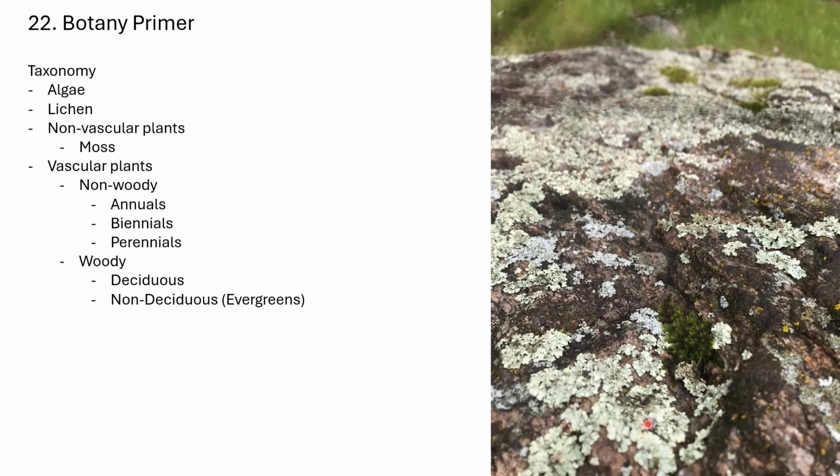But this lichen, and we see it here on a rock, and we'll probably see some of it if we scrape away the snow on some of the rock outcroppings at the site. It's this close relationship between algae and fungi, and they live together, and they both benefit from the relationship. So it's a mutualistic relationship.